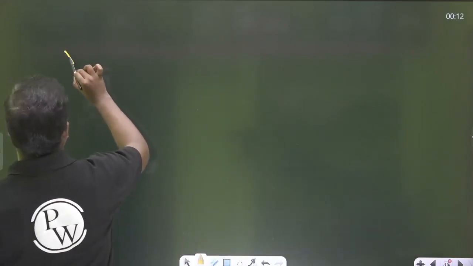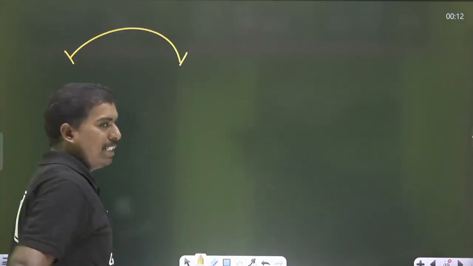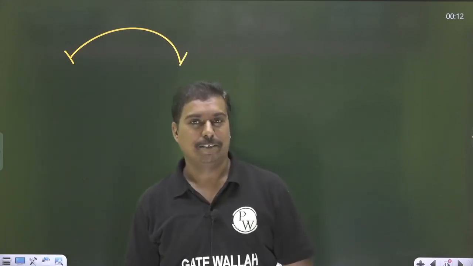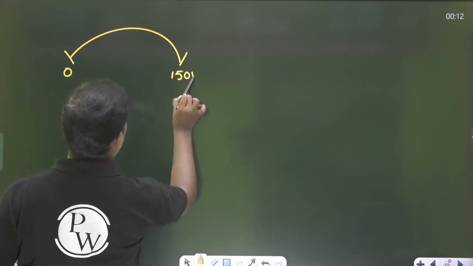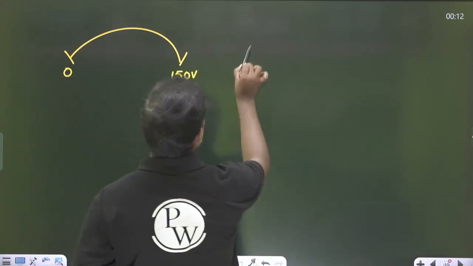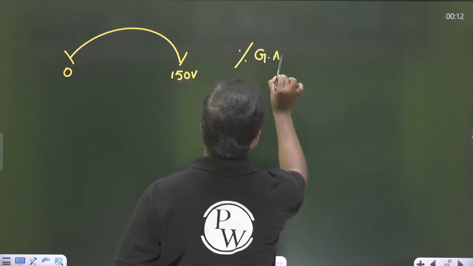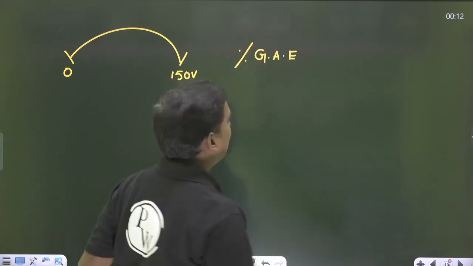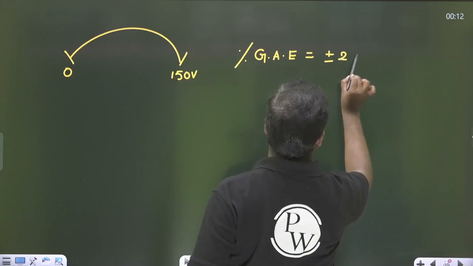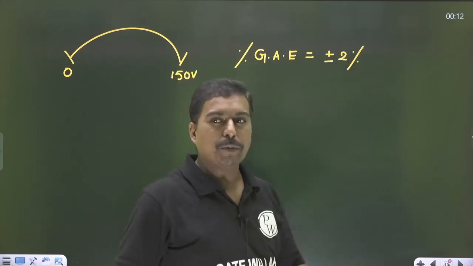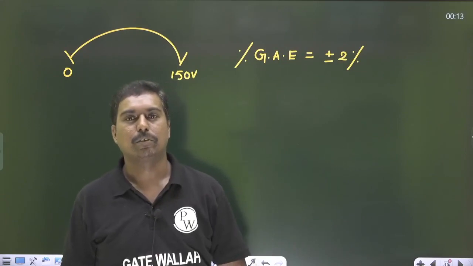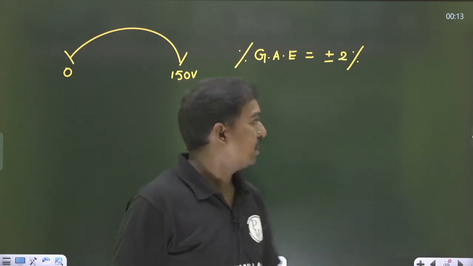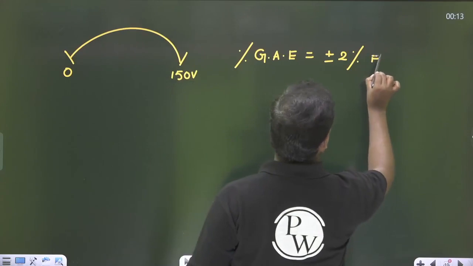Let me explain like this. Take a meter, for example a voltmeter, with 0 to 150 volts as the full scale value. The manufacturer has given the percentage guaranteed accuracy error as plus or minus 2%. 2% guaranteed accuracy error means 2% of the full scale value.